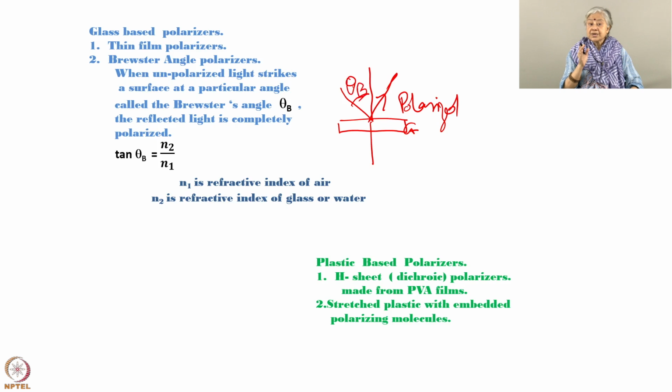And these Brewster angled polarizers or even thin film polarizers are somewhat like this. They are just thin films. They are just plates of glass on which a film is coated. Okay. And it reflects off certain light and it does not. But you have to place it at a particular angle, at certain angle where it will be effective.